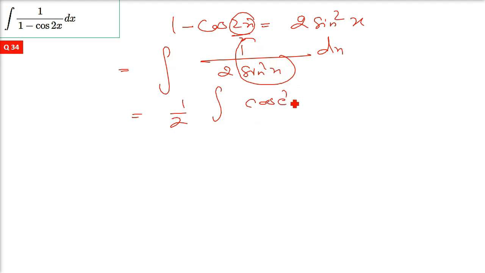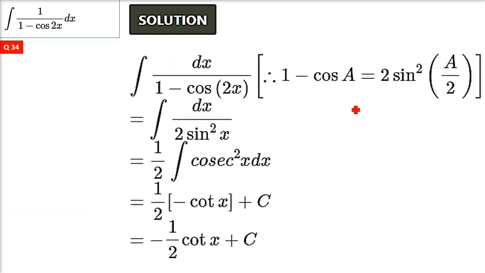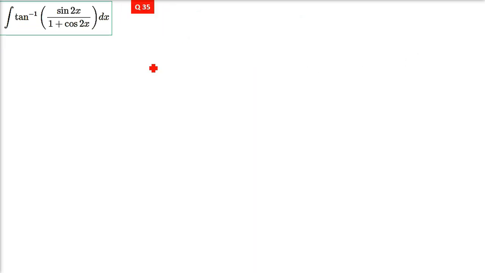So do we have a standard relation for cosec square x? Yes or no? Tell me. See, the integral of cosec square x is simply minus cot x. 2 is already there in the denominator. You have a constant of integration, c. This formula is very important. If you learn the formula, remember the formula, everything will be a piece of cake for you.